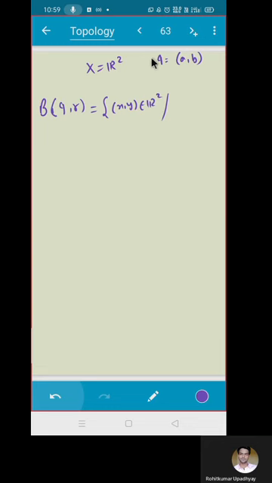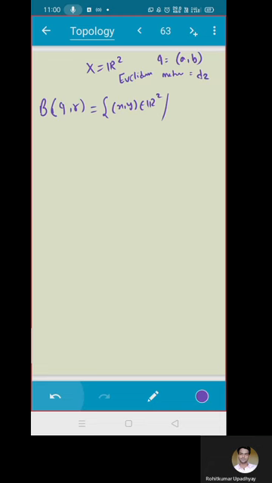Correct. But what is my q? It is (a, b). And what is the metric I am taking here? Let us stick to our Euclidean metric. In the previous class also, we took the Euclidean metric. What is the Euclidean metric? It is d2. Correct. This is the notation we have used.